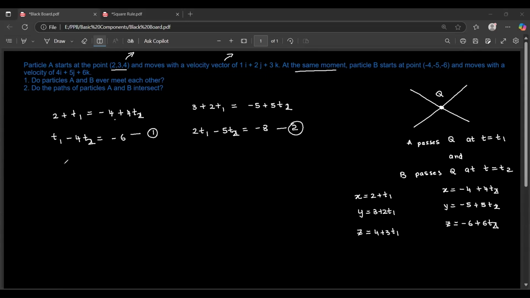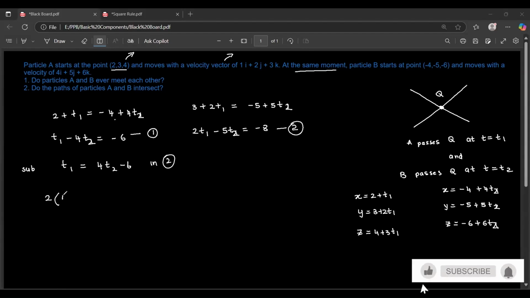So t1 is equal to 4t2 minus 6, so I can replace this here. Substituting t1 equals 4t2 minus 6 in the second equation gives 2 into 4t2 minus 6, minus 5t2 equals minus 8.